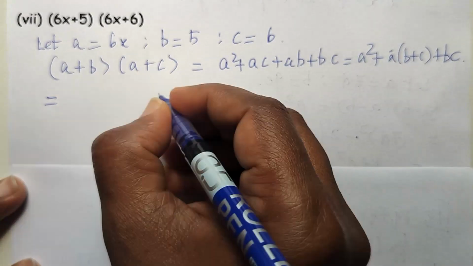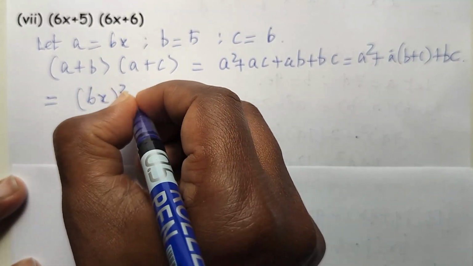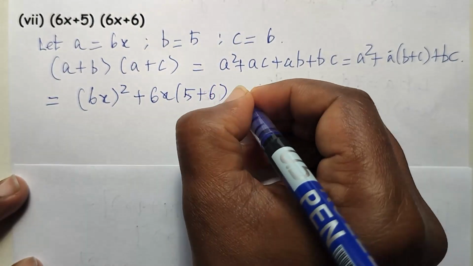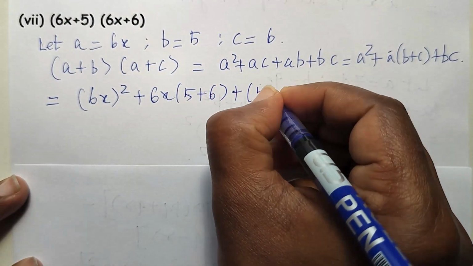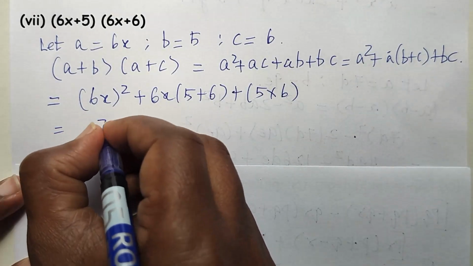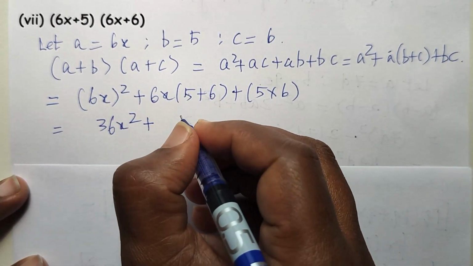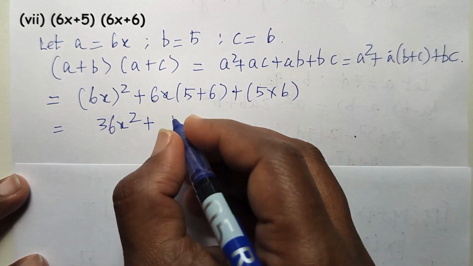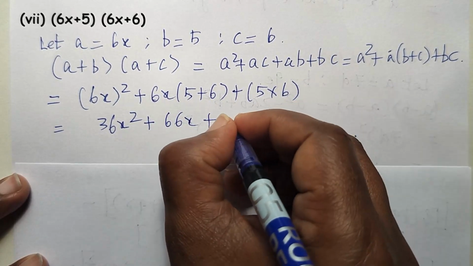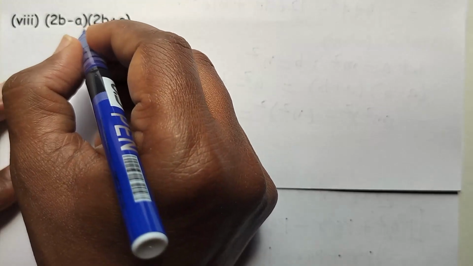Input the value of a, which is 6x square plus 6x into (5 plus 6) plus 5 into 6 here. So that will be 6 square, which will be 36x square plus 11 into 6, which will be 66x, plus 6 into 5, which will be 30 here. Next, eighth one, (2b minus a) into (2b plus c).